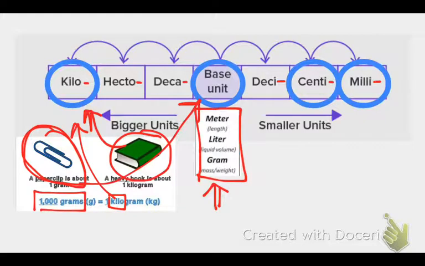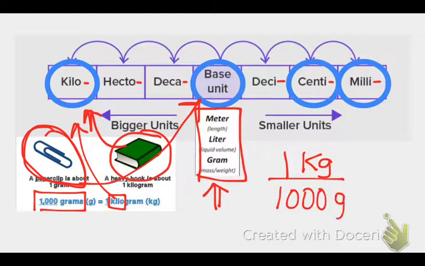So when we're doing our fractions, for example, we have 1 kilogram. That is the same as 1,000 grams. Okay? These are the bigger units down here. These are bigger, and these are smaller.